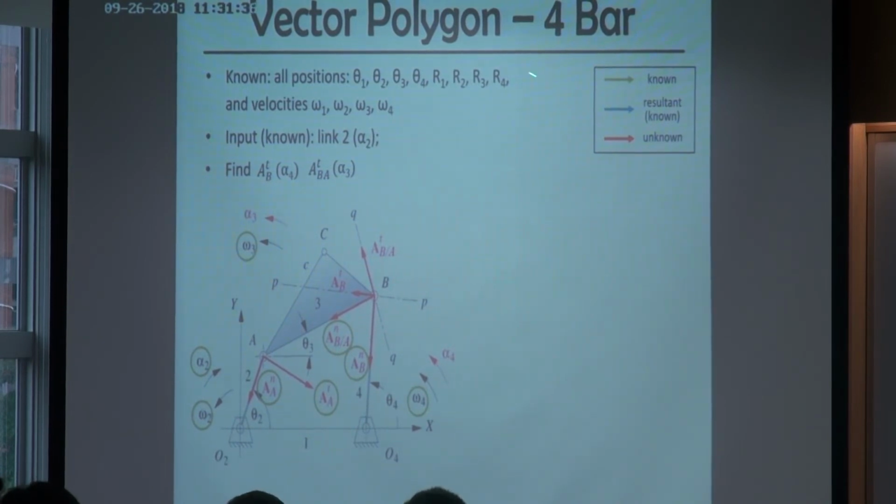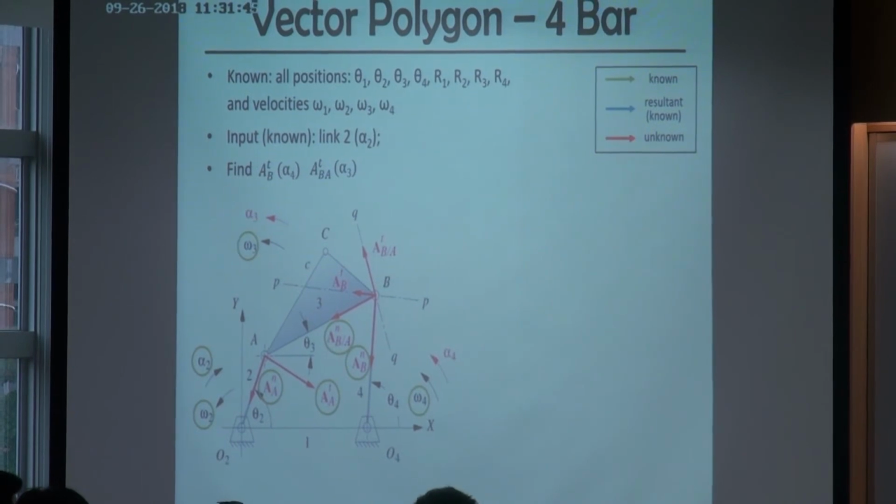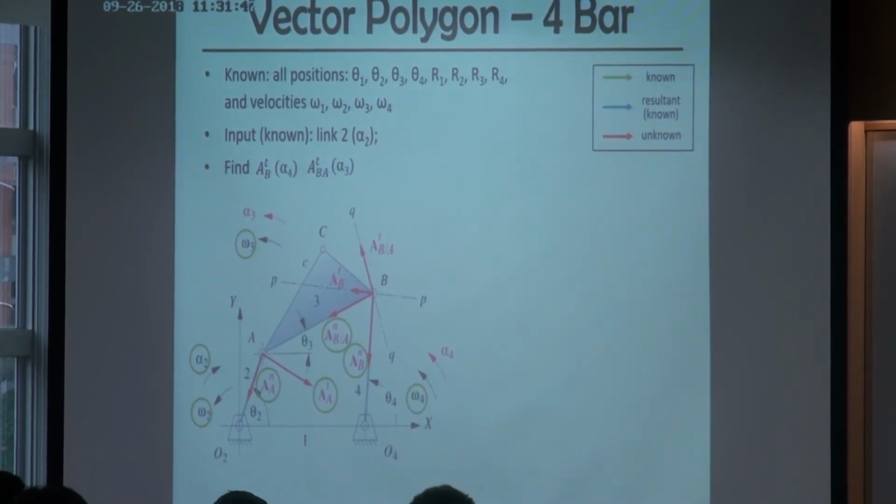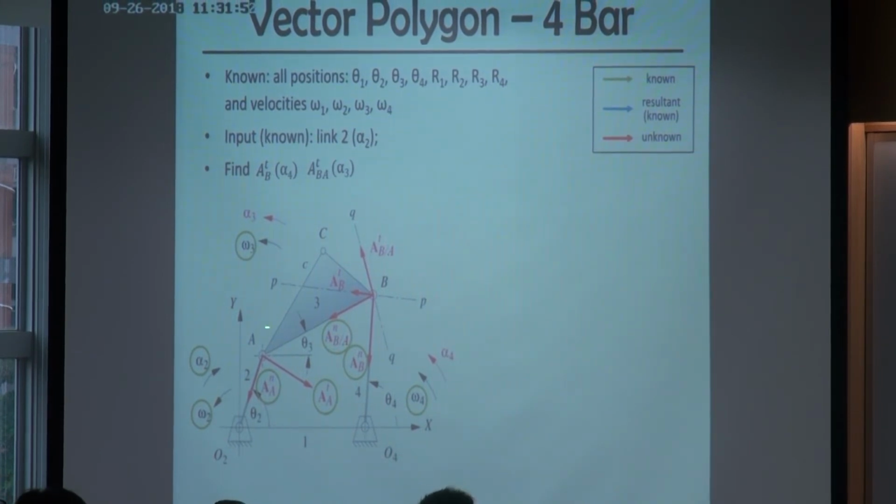So we know all the position information. We know the angle of the four links, and the length is for sure known. And I also assume we've done the velocity analysis, so we know all the omega of all these four bars. Right now we are providing an input on link 2, and the alpha 2 of this link, the angular acceleration of this bar, is given.